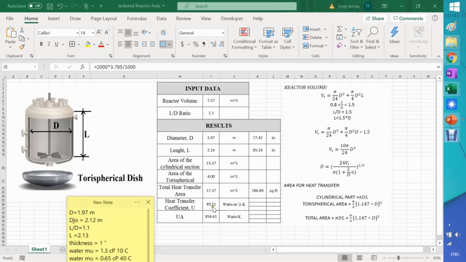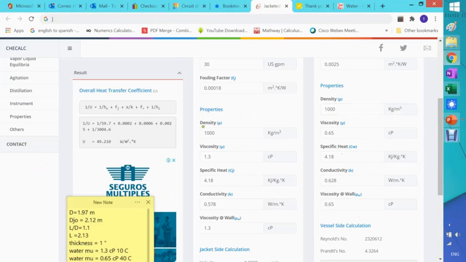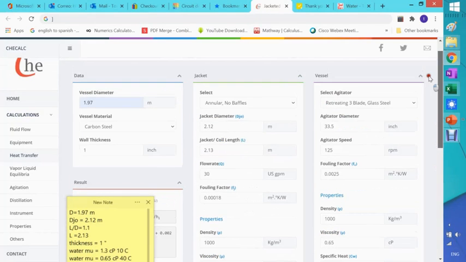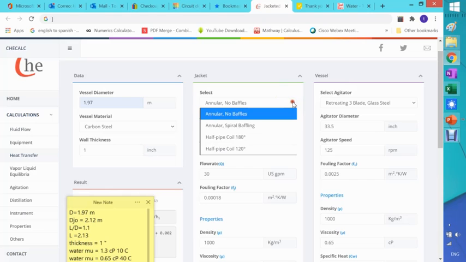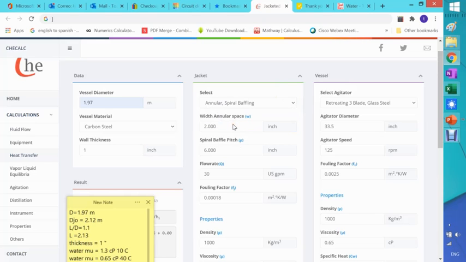And this value, the global heat transfer coefficient, was from the web page. And again, here's the web page. One thing I can certainly do is entertain what happens if, with everything else the same, instead of having no baffles, I add baffles like this, spiral baffling.